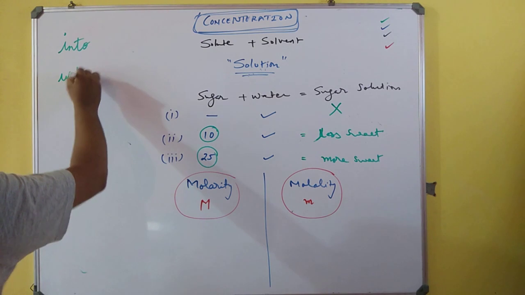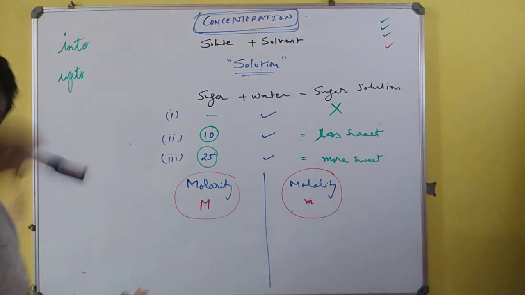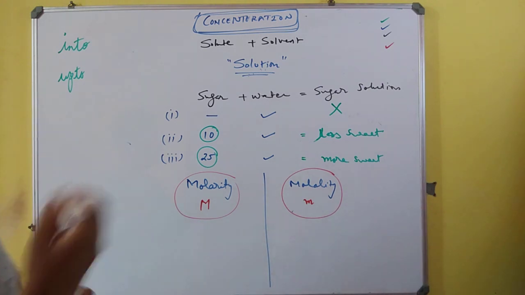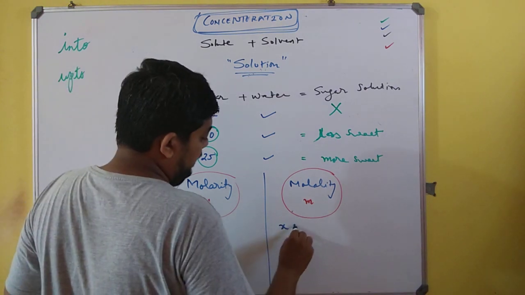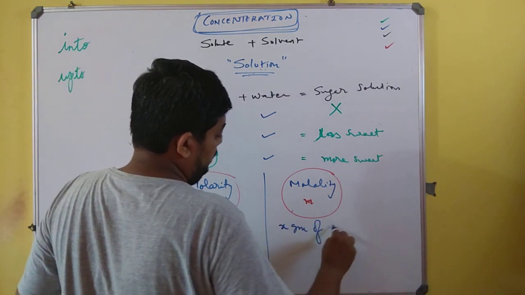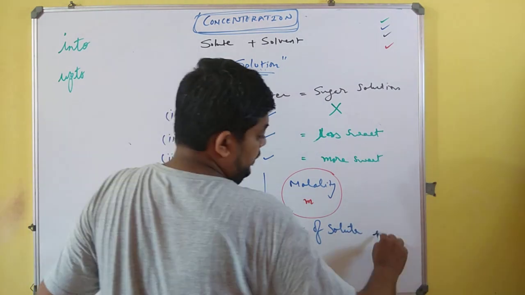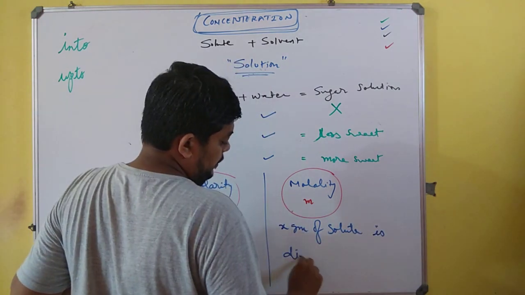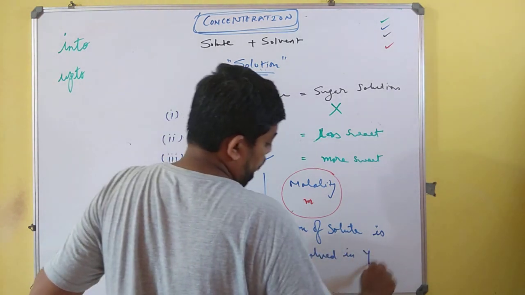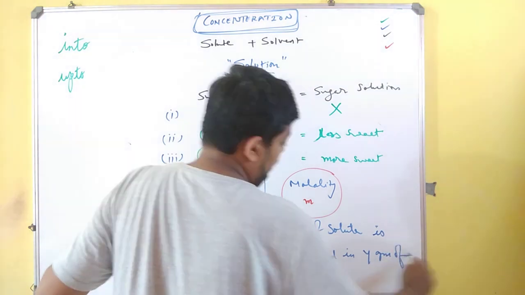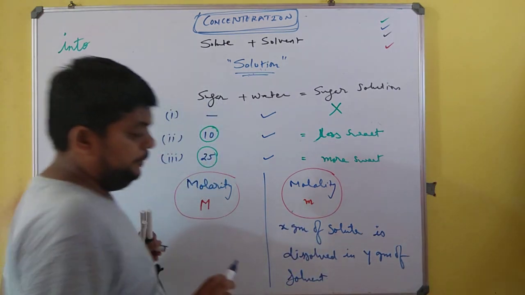Remember two words that will justify molality and molarity: adding into and dissolving up to, or rather you can say dissolving into or dissolving up to. What I mean to say, if I say that x gram of solute is dissolved in y gram of solvent.